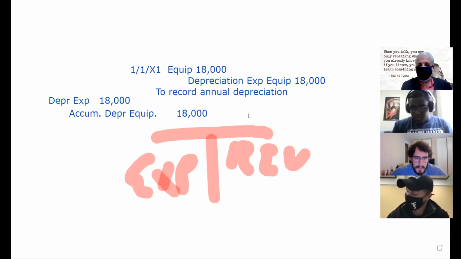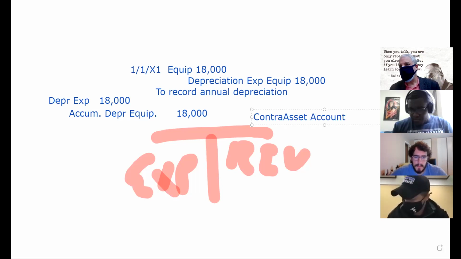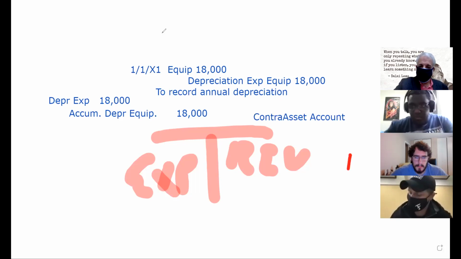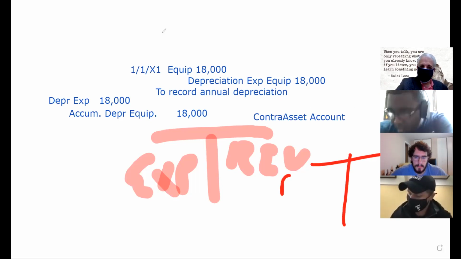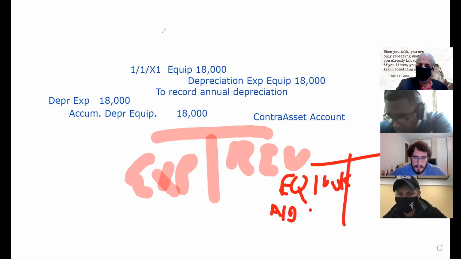I have something called a contra asset account. It's an offset. You're right, the balance sheet normally has assets, and when you debit an asset, it goes up. But when you credit an asset, it goes down. So maybe I had originally an asset here called equipment, 100K. I have an accumulated depreciation equipment account.